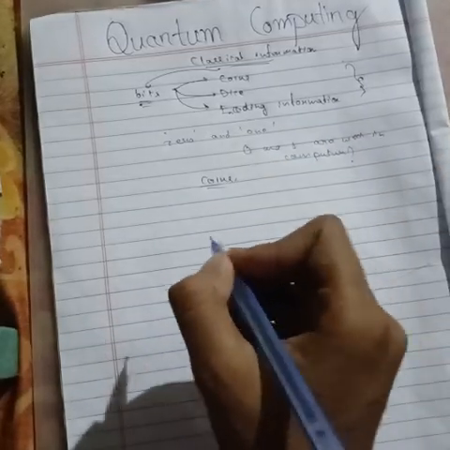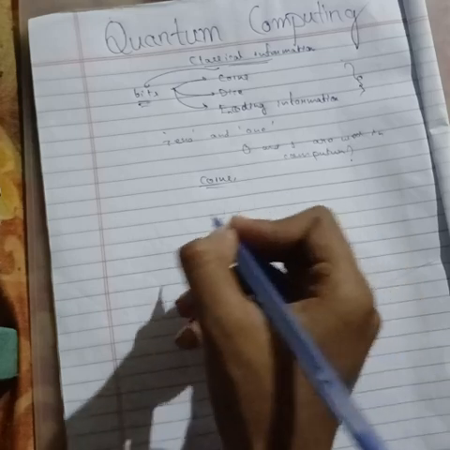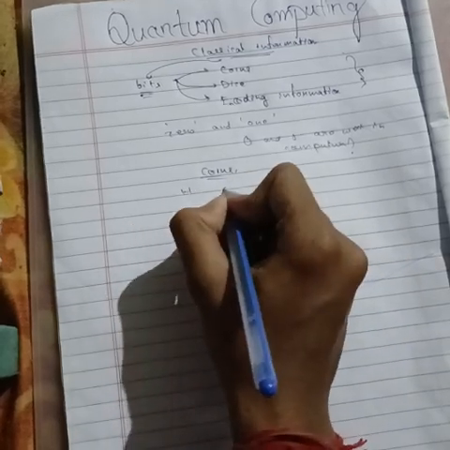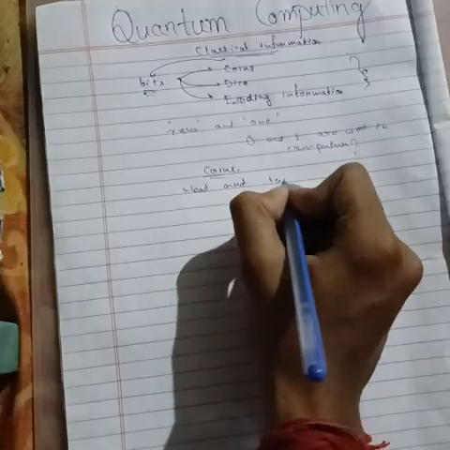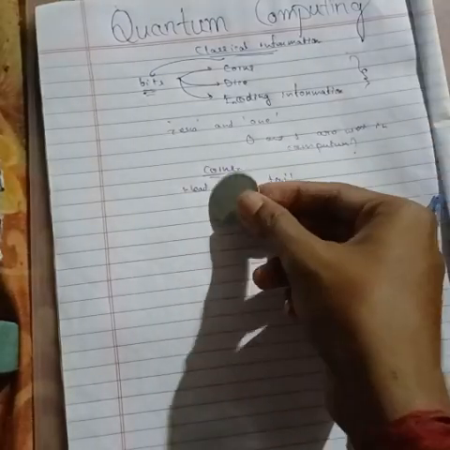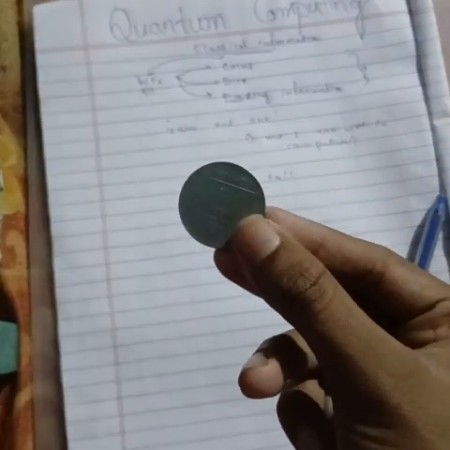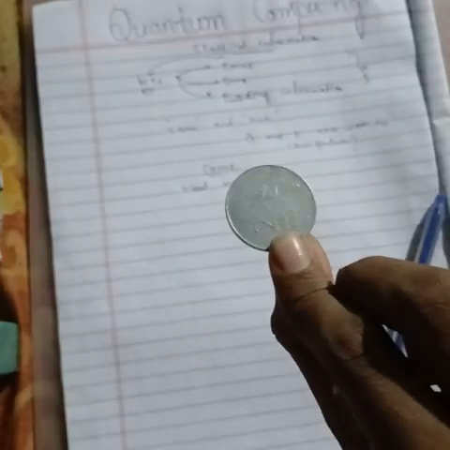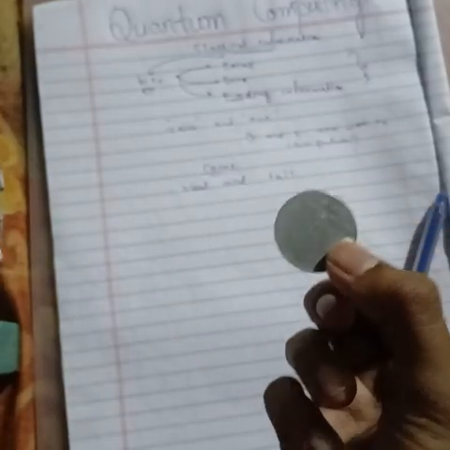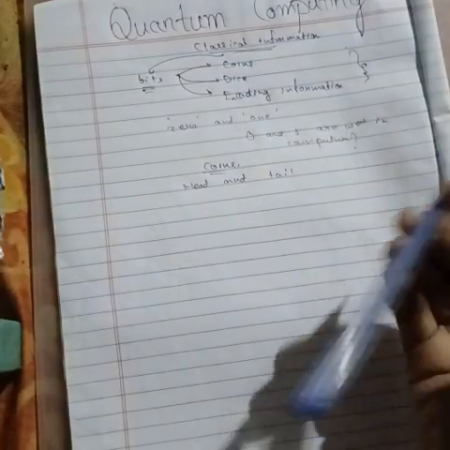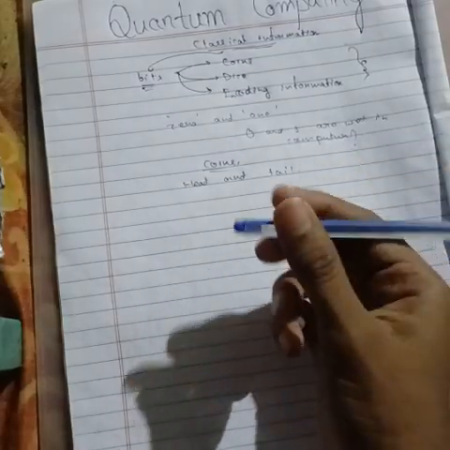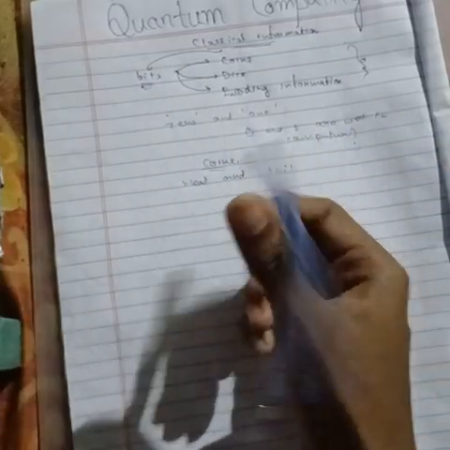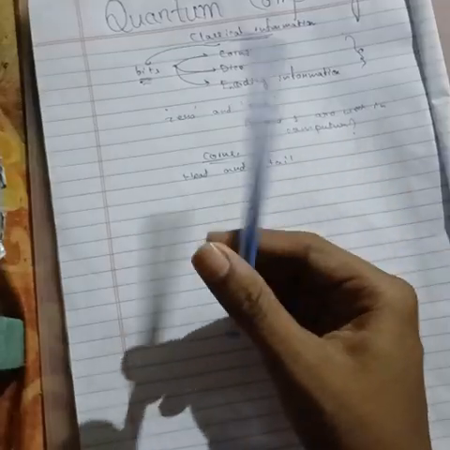So what is a coin? It has two outcomes. One is head and another one is tail. So here is a coin. You can see it has a head portion and a tail portion that we consider. In cricket too, we use a coin for deciding whether one team will bat or bowl.